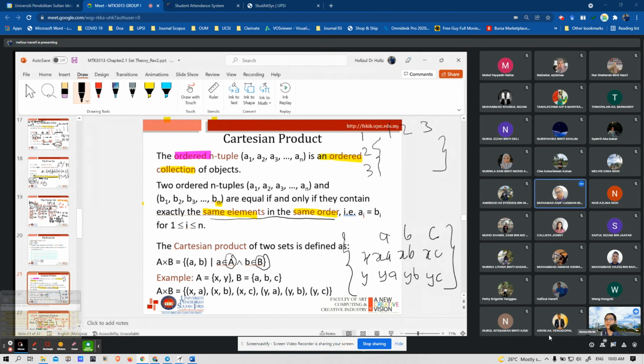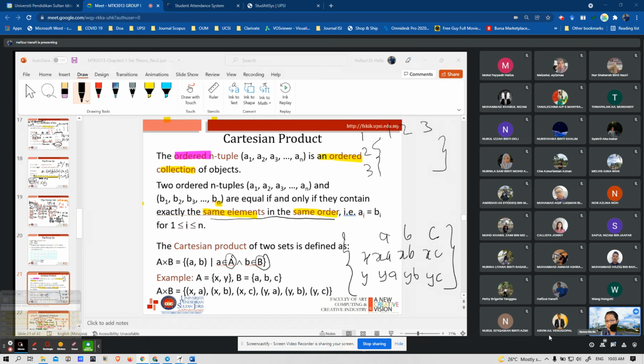Okay. This Cartesian product is how you order the collection of objects.